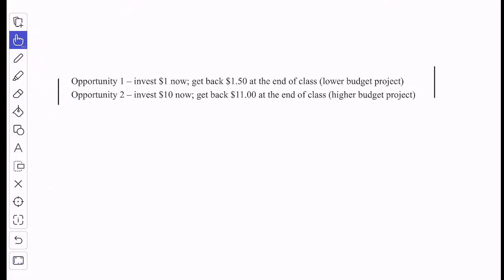Okay, so Juan tells us he would pick the second one. I didn't understand. Juan, are you picking the second one or the first one? The second one, por el 50%, or 50 centavos.